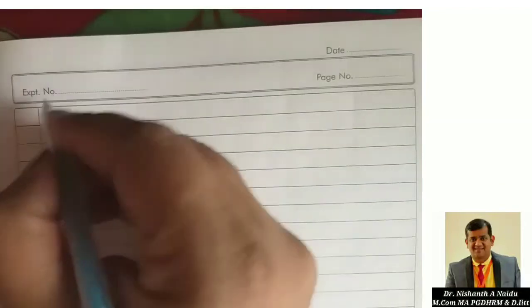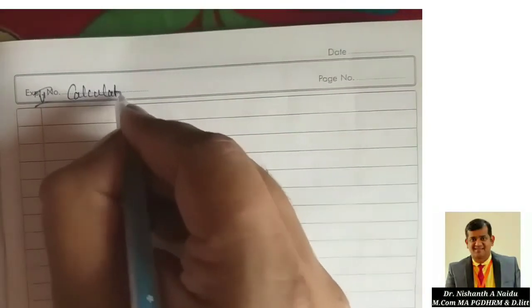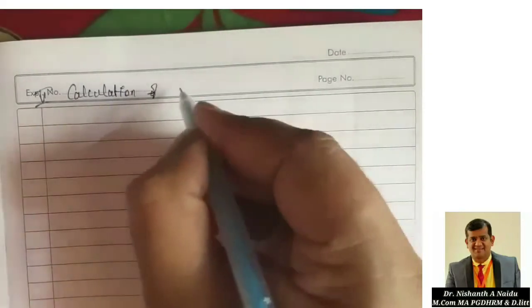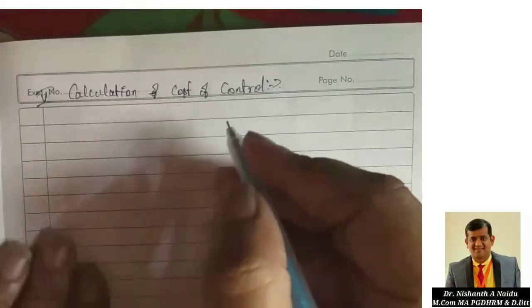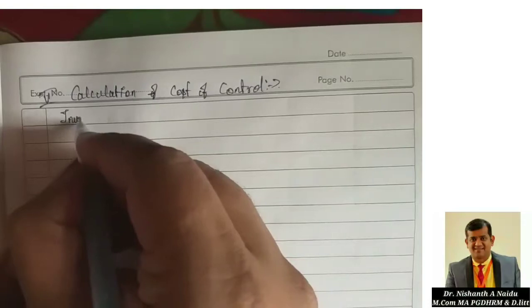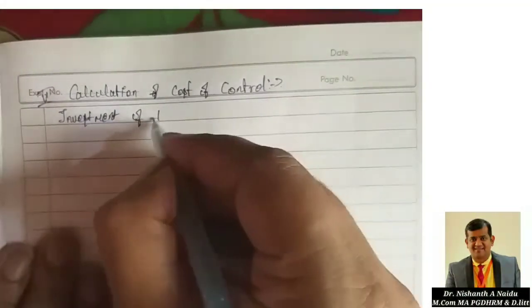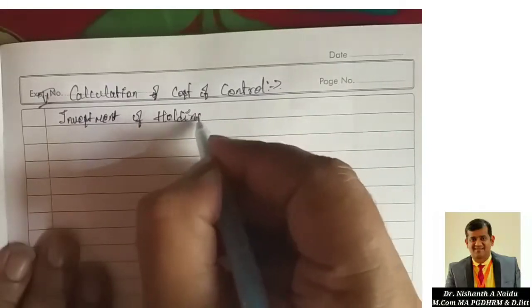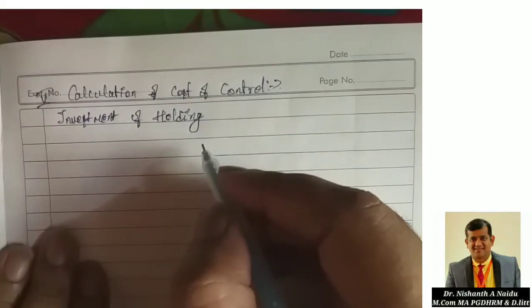Okay. So let us calculate cost of control and goodwill. So next working note number 5. Calculation of cost of control. Calculation of cost of control. So under that, break down investment of holding company. So that is on the asset side. How much investment has been made in the Q Company Limited?